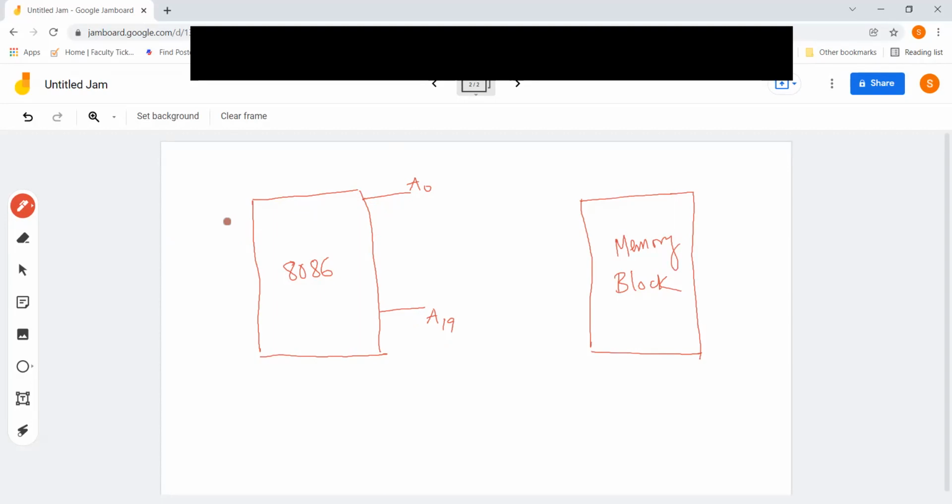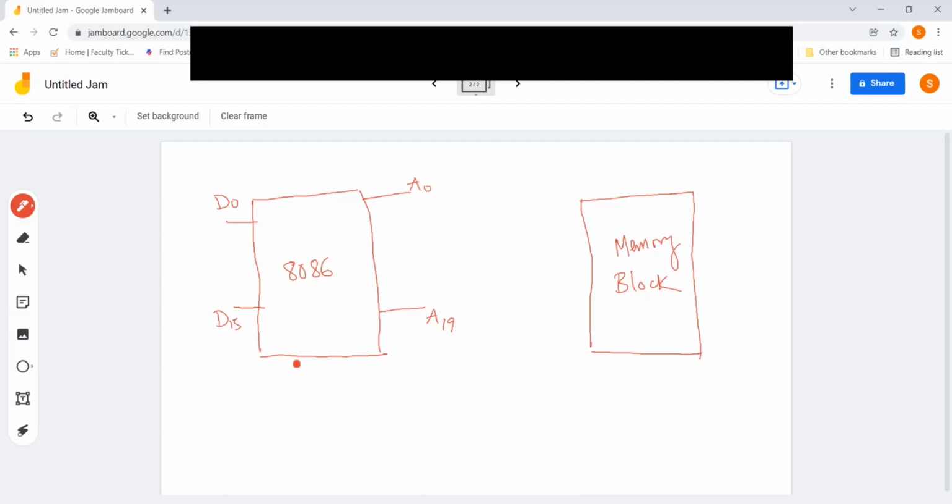I am drawing the data bus separately over here. We have 16 data lines, that is D0 to D15. Out of these, A0 to A15 are actually multiplexed with them, but I am drawing them separately.